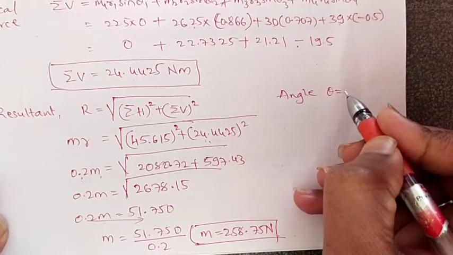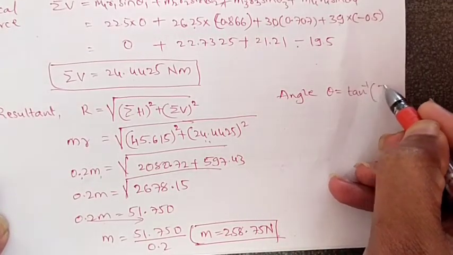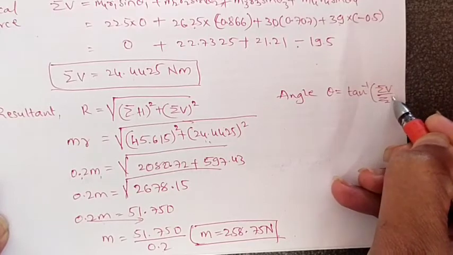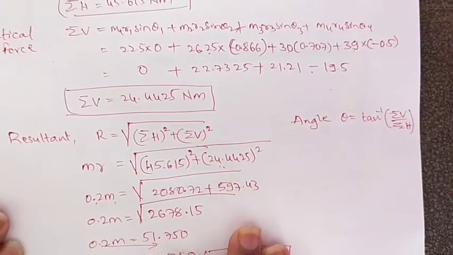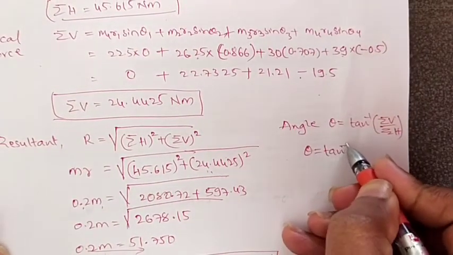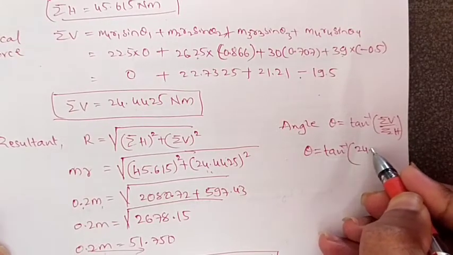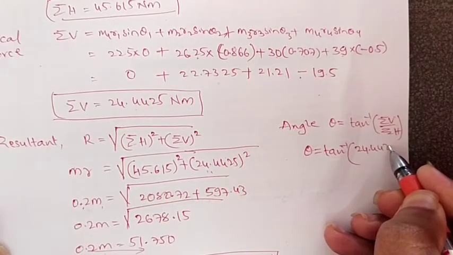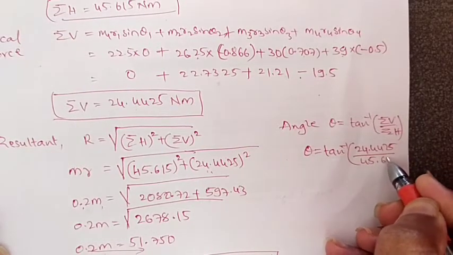theta is equal to, the formula is tan inverse of delta V by delta H. This is the formula we will be using. So now theta is equal to tan inverse of the vertical component, 24.4425, divided by 45.615.